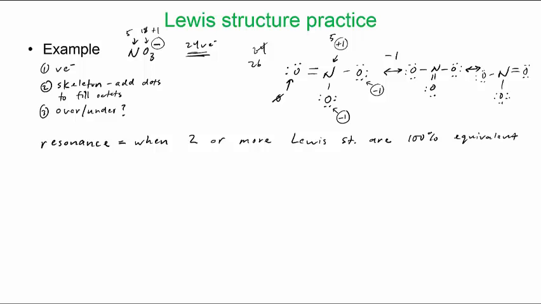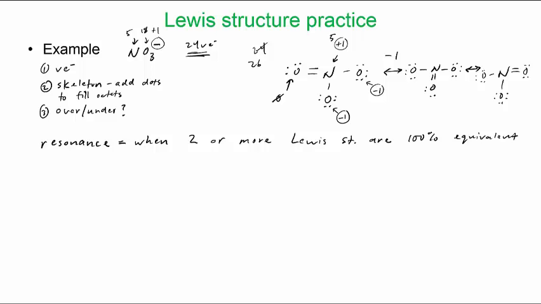Okay, so actually these are all exactly equally likely. So they have the same formal charges, they all follow the octet rule. All that happened is this double bond shifted. It could be just as likely on any of those oxygens. So that's resonance.